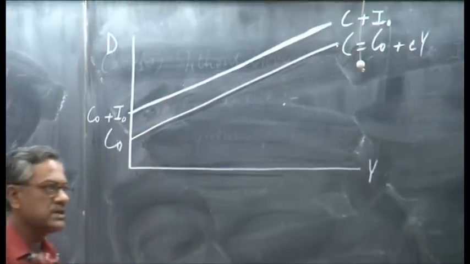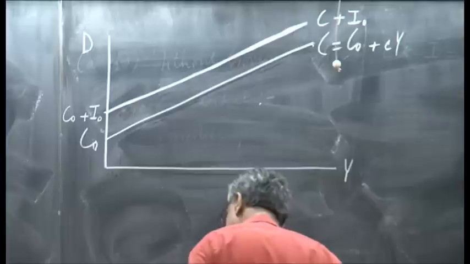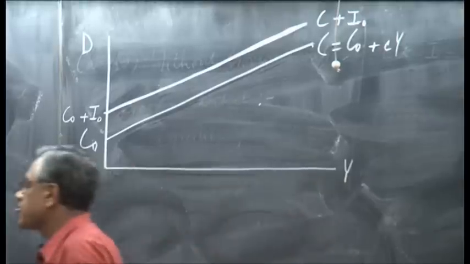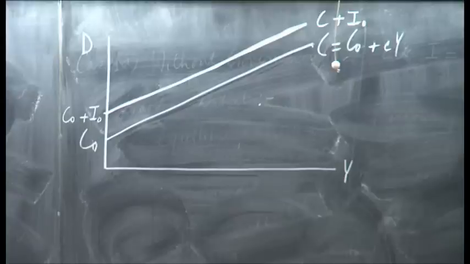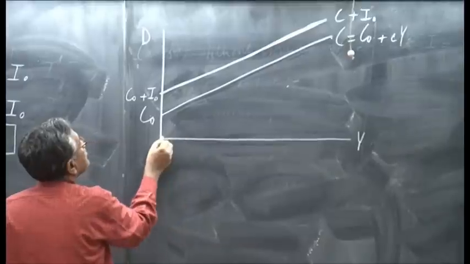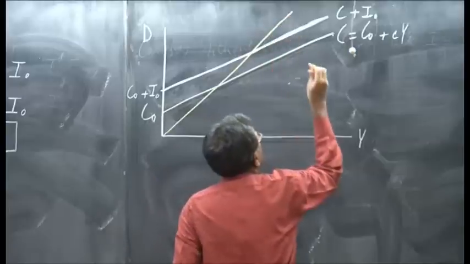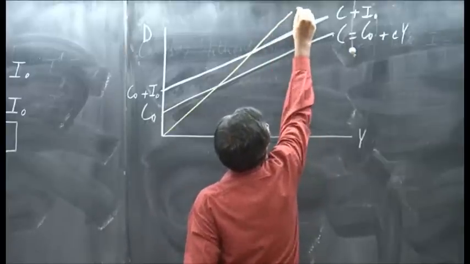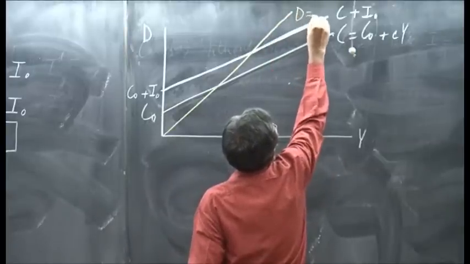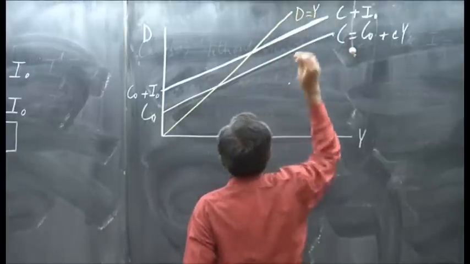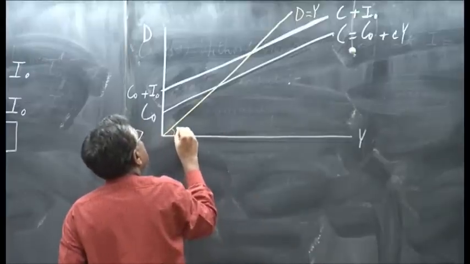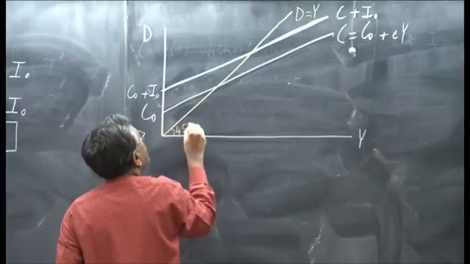So all we need now is a 45-degree line, which I am going to draw without a ruler, something like this, which is the D equal to Y line, the equilibrium line, where the angle is 45 degrees.